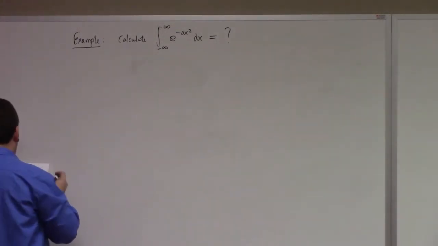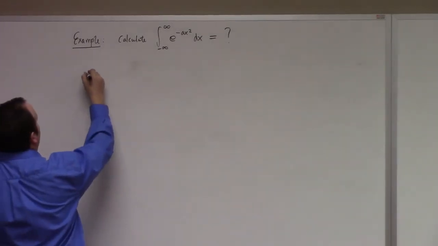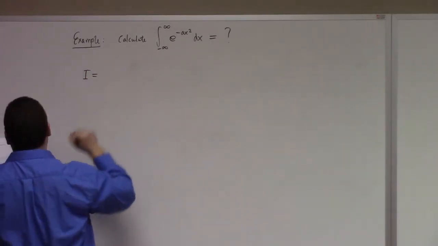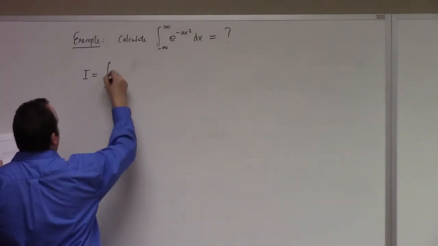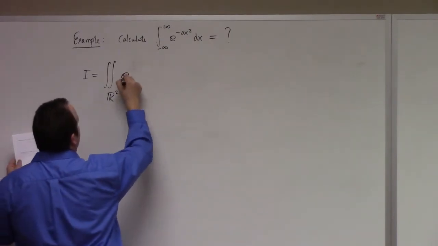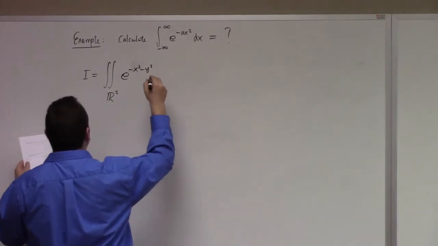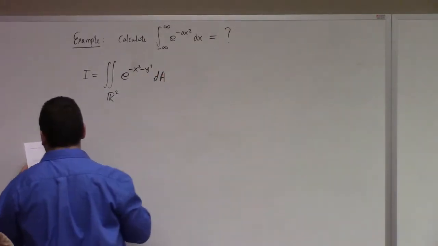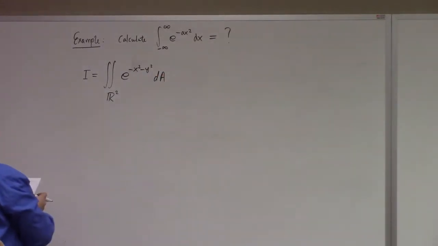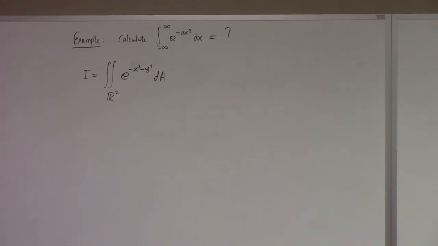Anyway, here's the idea: instead of calculating that, we will look at I. We'll derive this in a somewhat circuitous way. We'll take I to be the integral over the plane of e to the minus x squared minus y squared dA. Actually, I'm going to work it out for a equals 1, if you don't mind.